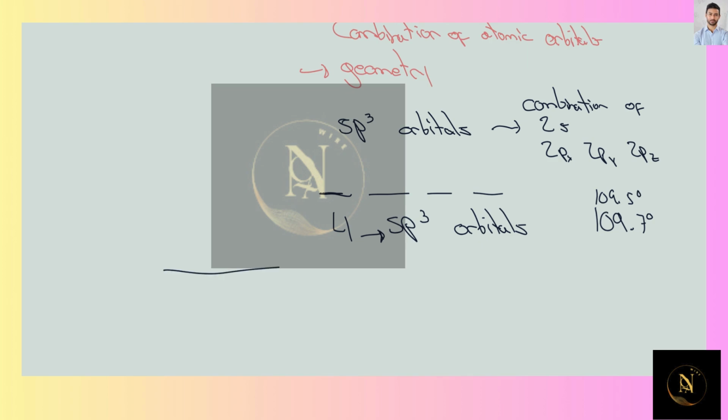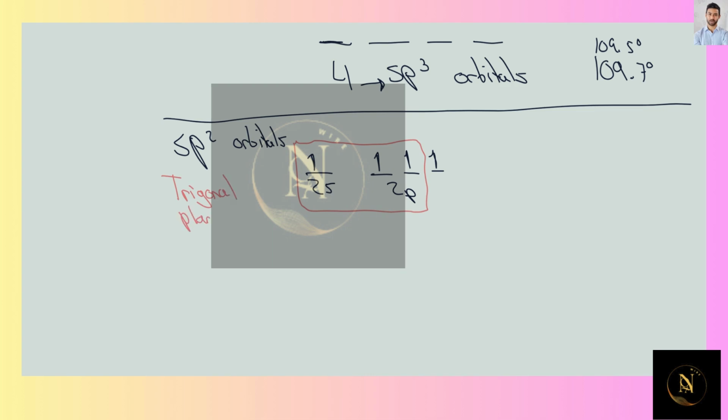Next up, we're going to have sp2 orbitals, in which the 2s and the 2p orbitals are going to be combined in a different fashion. The number of orbitals is going to be the same, but now for sp2 orbitals, the ones that are going to be combined are going to be only 2 of the p orbitals. This is due to the trigonal planar geometry that we're going to have under these conditions.